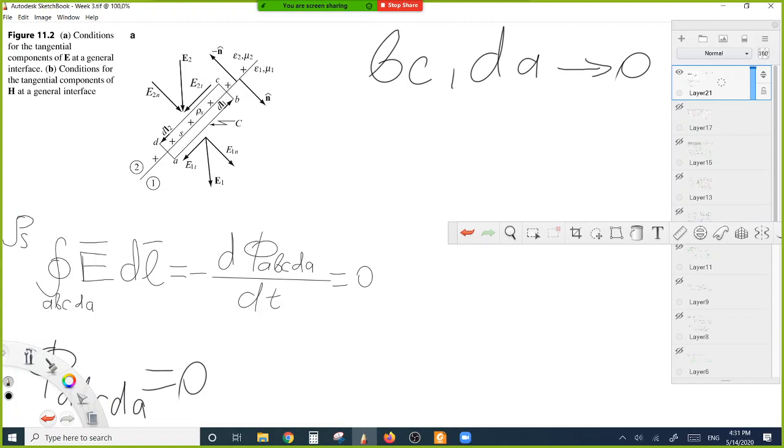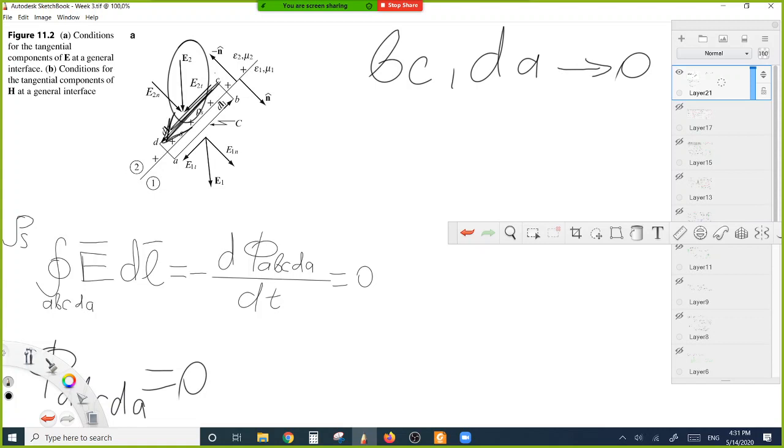In material 1, the electric field intensity is opposite to the direction of integration.